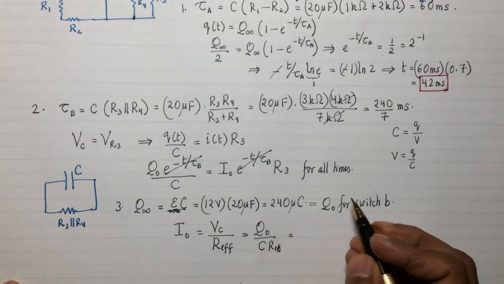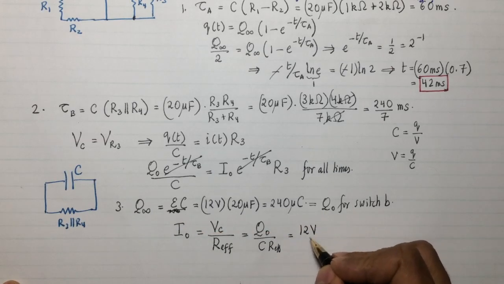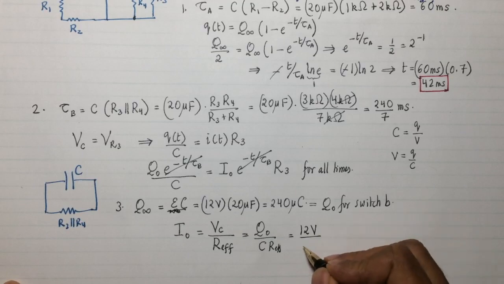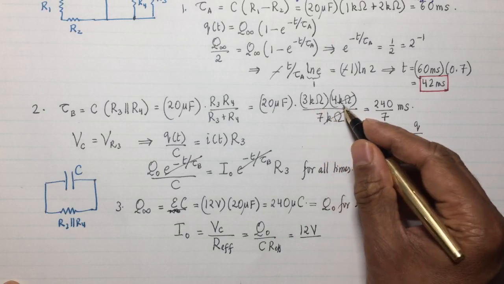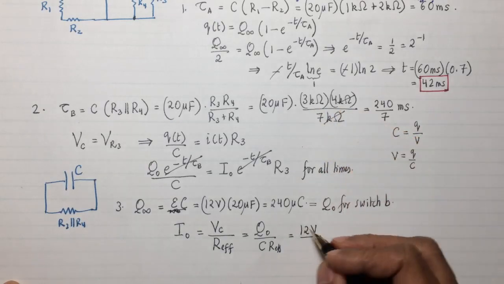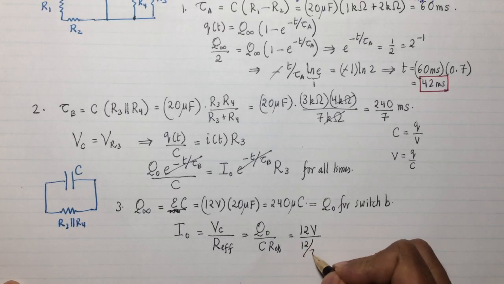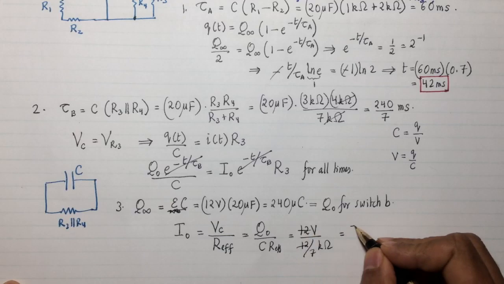So Q naught over C, or Q infinity over C, is just E, or 12 volts again, over the effective resistance, which we found here to be 12 over 7. So that's going to be 7 milliamperes.